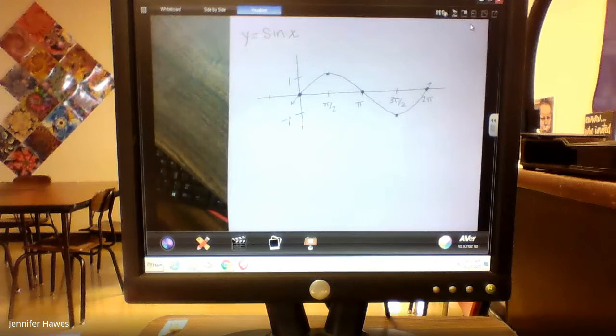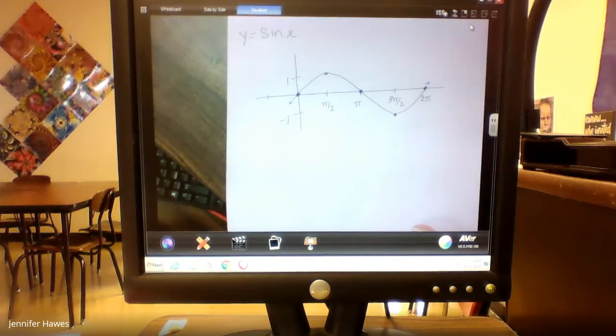I think I did it in both classes. So when you have y equals sine of x, sine started at 0. It started in the middle. And then it went high, middle, low, middle, and then it just kept repeating. So the domain of this, you can put in any radian measure. Okay?